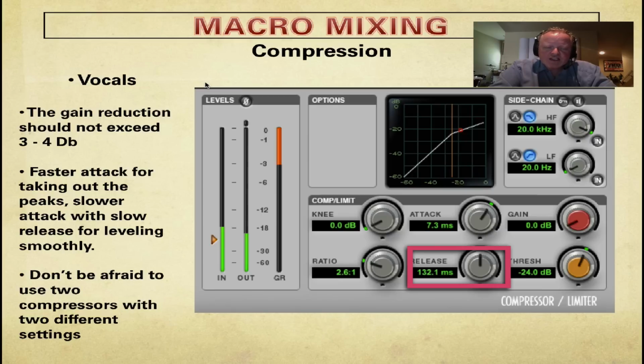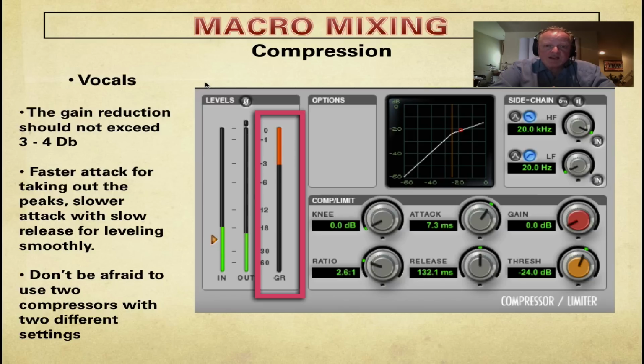But look at this ratio. At a 2.6 to 1 ratio, I'm literally almost reducing it only half. If it goes 3 dB over the threshold, I will only reduce it by 1.5 dB, which is a lot smoother than doing 6 or 7 dB of gain reduction. And remember, compression is audible, and once it becomes audible, it's not acceptable for certain music genres.